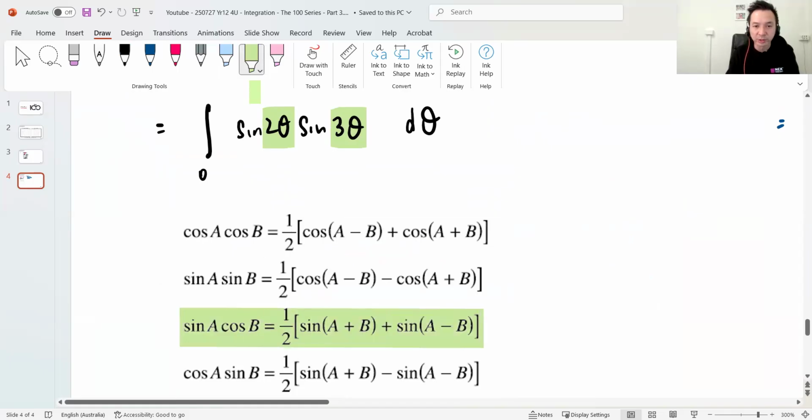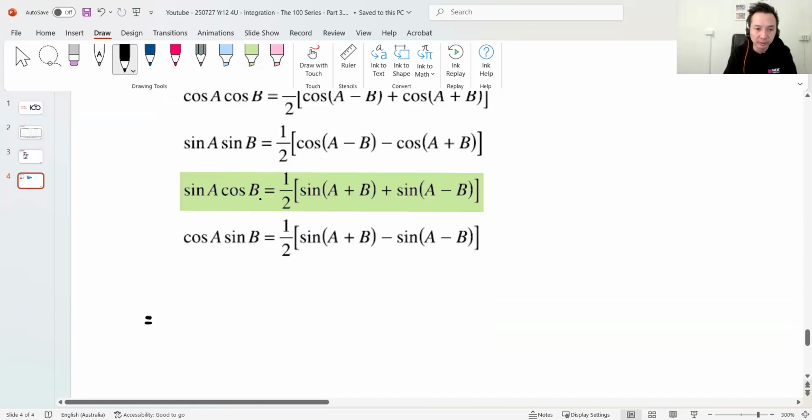So replace it, because I can't integrate sine 2 theta multiplied by sine 3 theta. However, I can integrate it when they're summed: sine some angle plus sine some angle, I can do that. So using that, this becomes half, 0 to pi on 2, sine, now a plus b.